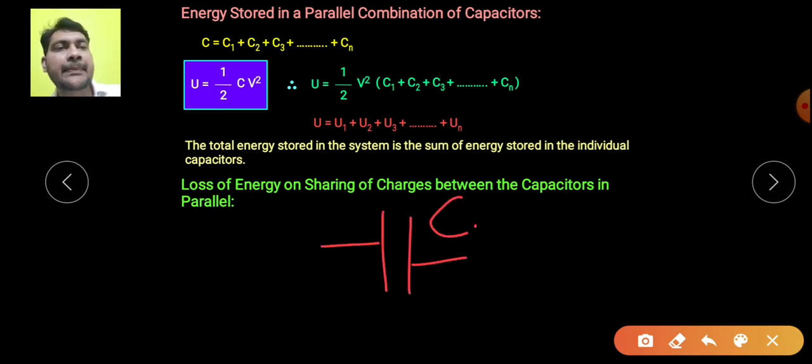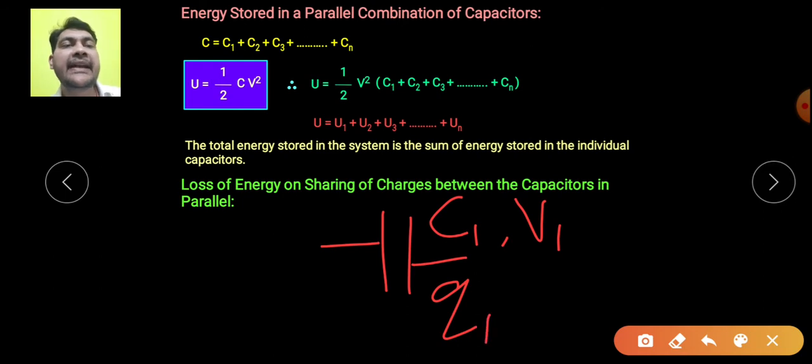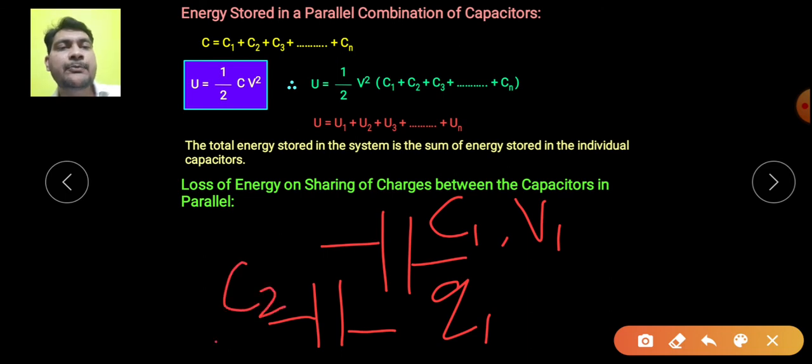This one has capacitance C1 and it is charged with a potential difference of V1, so that it has a charge Q1. And we have one more capacitor, this is also charged and it has capacitance C2, charged with potential difference V2 and has a charge Q2.